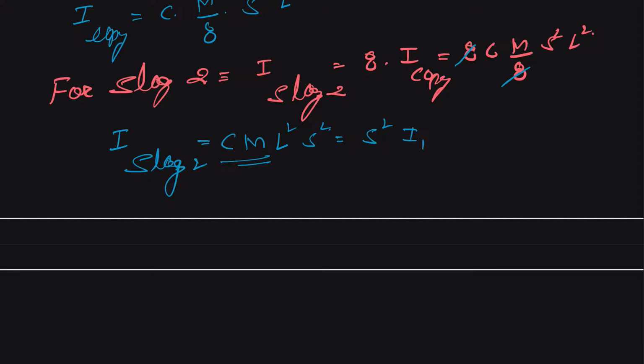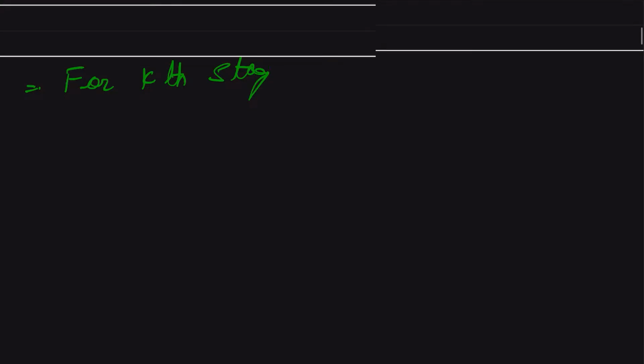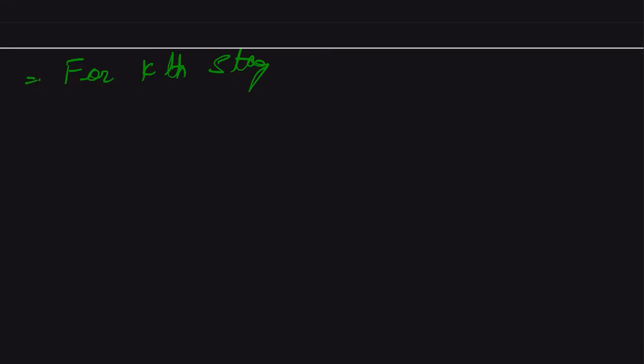Okay. So this was the second stage. Similarly, we can replicate it for the kth stage. Therefore, we can say that the moment of inertia of the kth stage will be equal to I1 times S square raised to the power k minus 1.